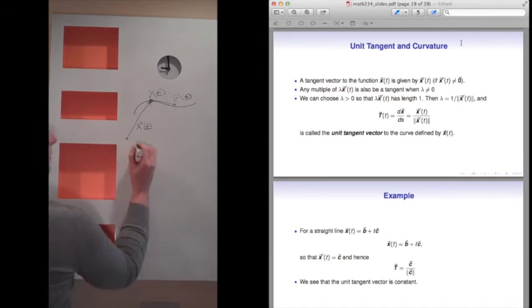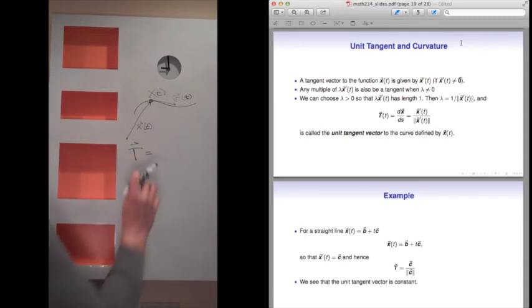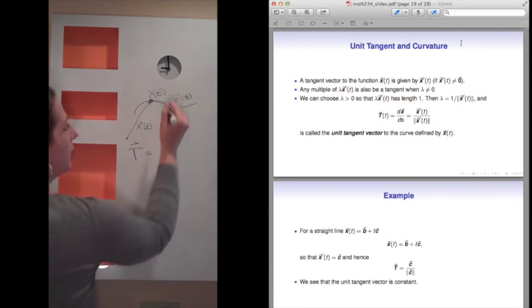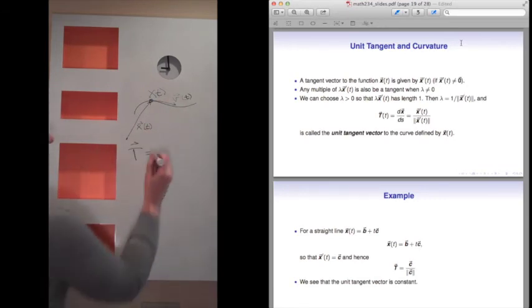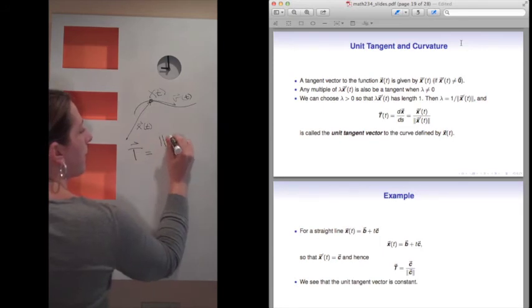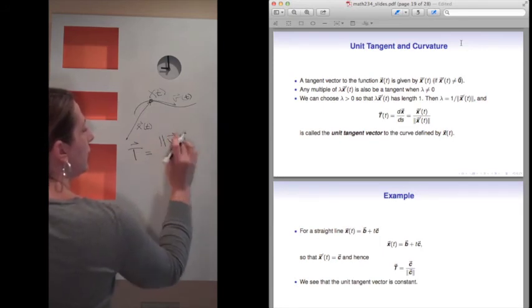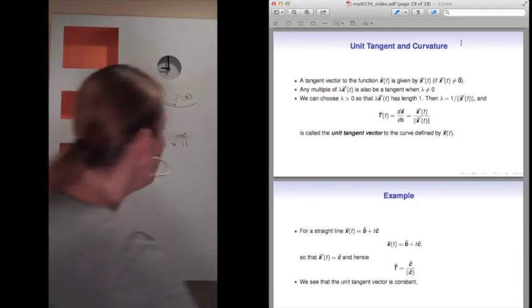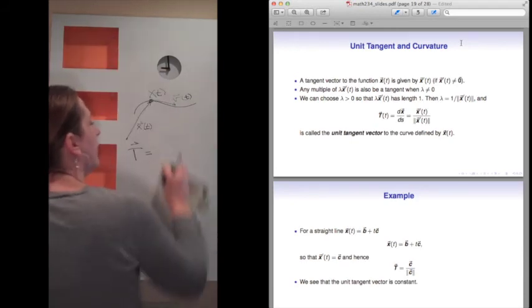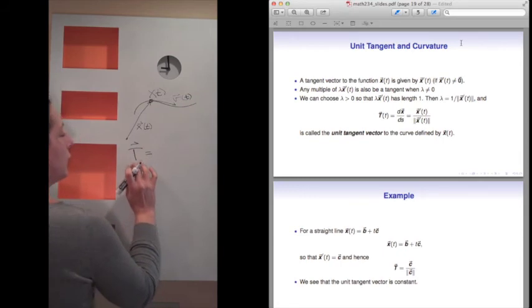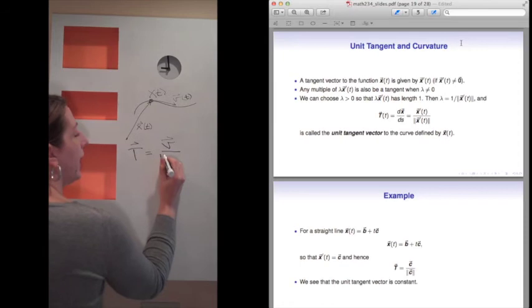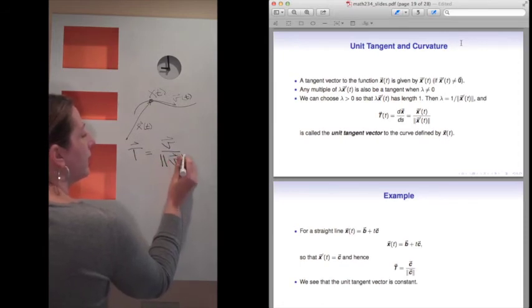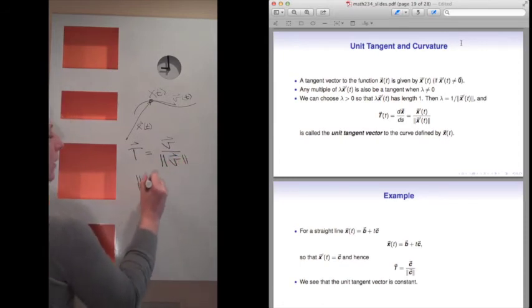And so we can define something called a unit tangent vector. Provided that the length of v is not 0, we can pick a unit tangent vector in the same direction. So the vector T is the vector v normalized by its length.